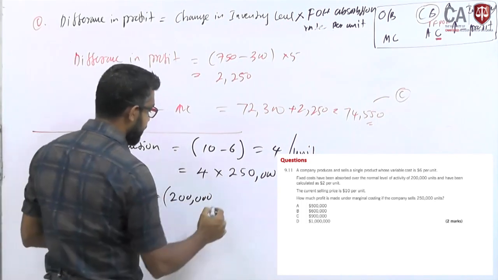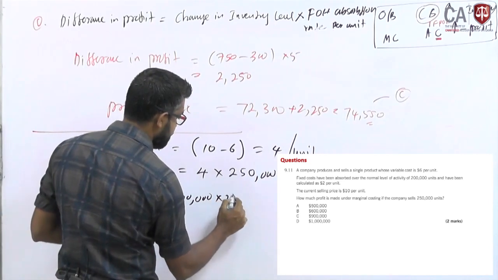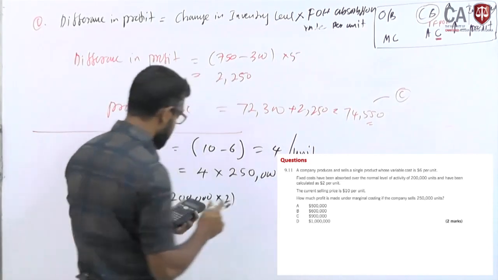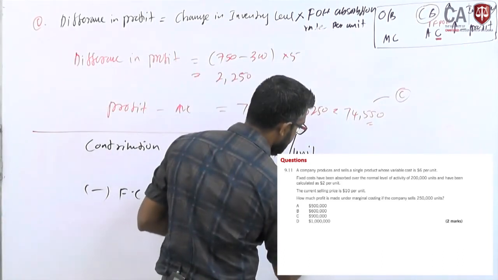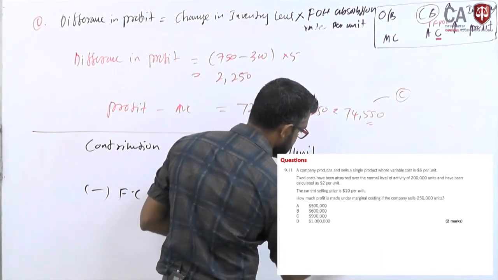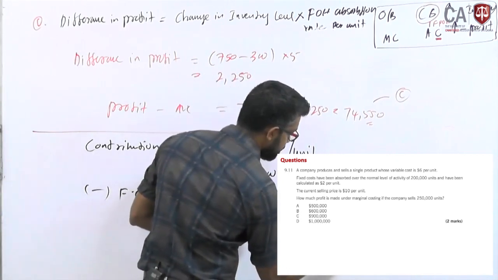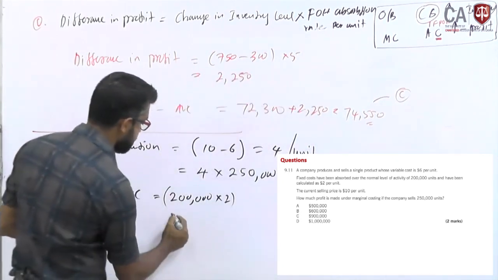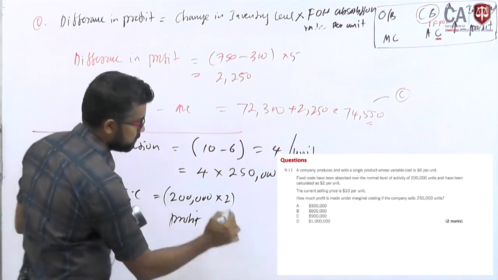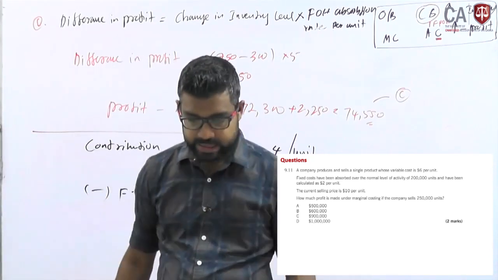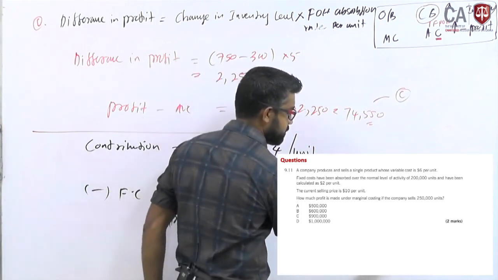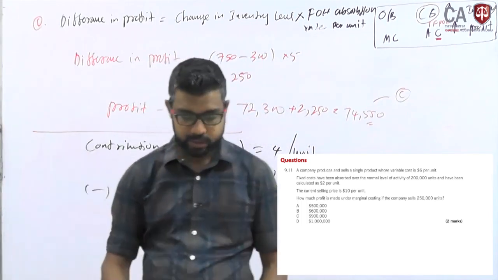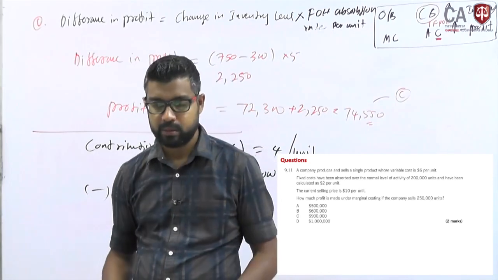At activity level 200,000 at 2 per unit, total fixed cost is 400,000. Profit is 600,000. The correct answer is B. Simple.